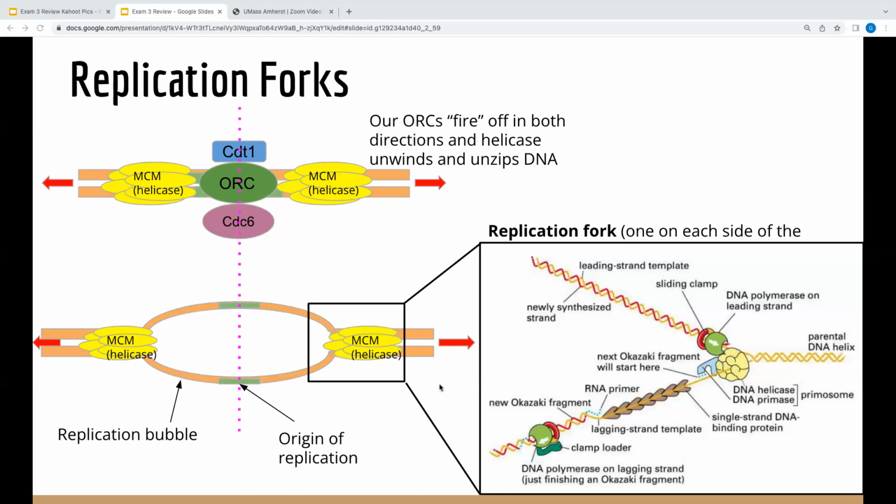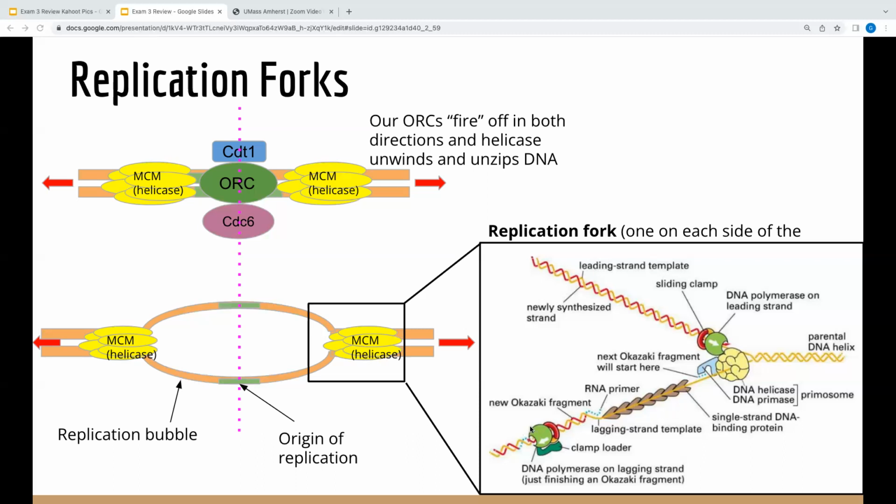And then on the lagging strand, you'll have these RNA primers as well, but because the replication fork is moving in the opposite direction of synthesis, you will need to have these Okazaki fragments made.